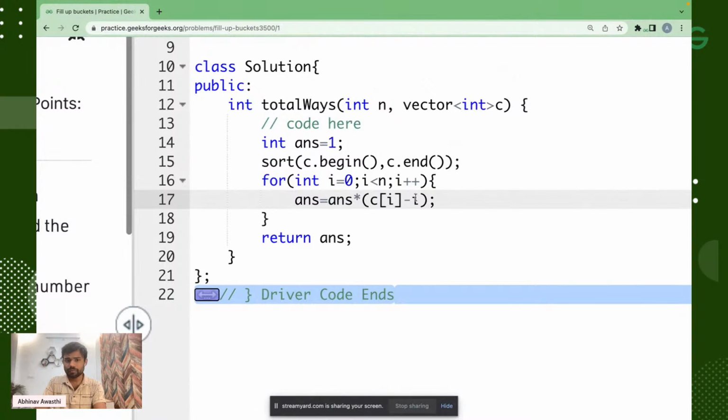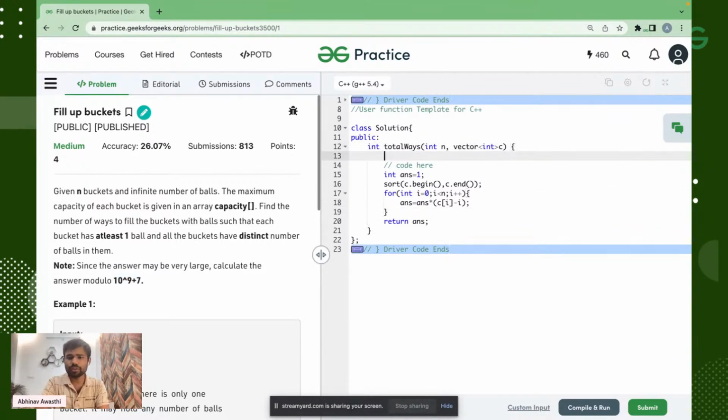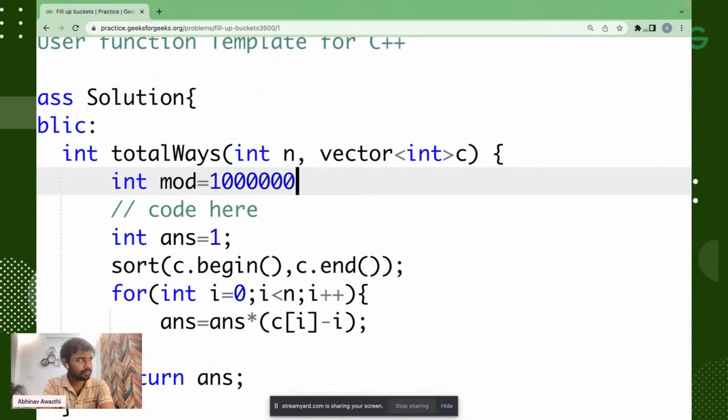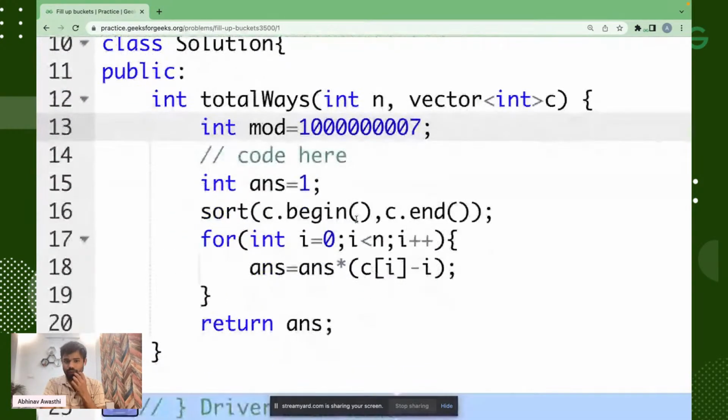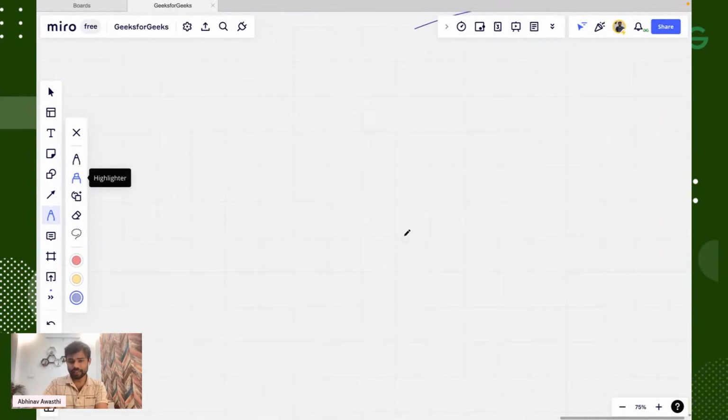Now, guys, one more thing is there: we have to give the answer modulo 10 to the power 9 plus 7. So let's take a modulo. Mod is equal to 10 to the power 9 plus 7. Great. And after this, I hope that you all know about modular arithmetic.